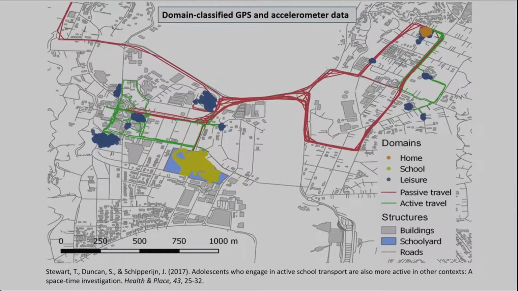So the first slide, and this comes from Scott Duncan and Jasper and Stuart, Tom down in New Zealand. So this is an example of when you have GPS data collected and accelerometer data, and then you can map them and see where the physical activity is occurring in these different locations.